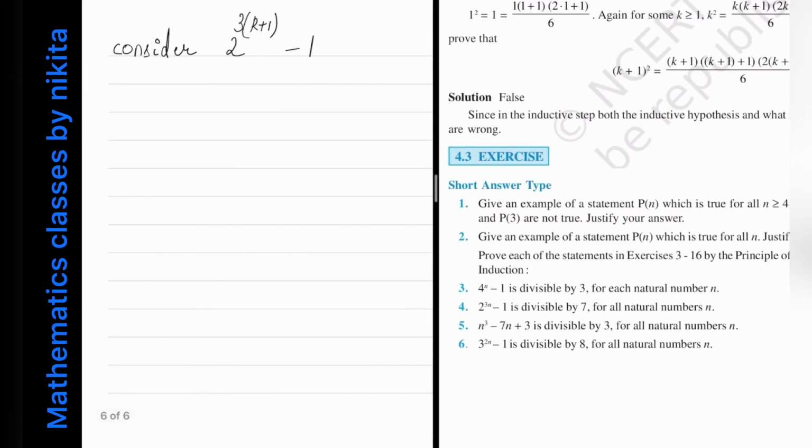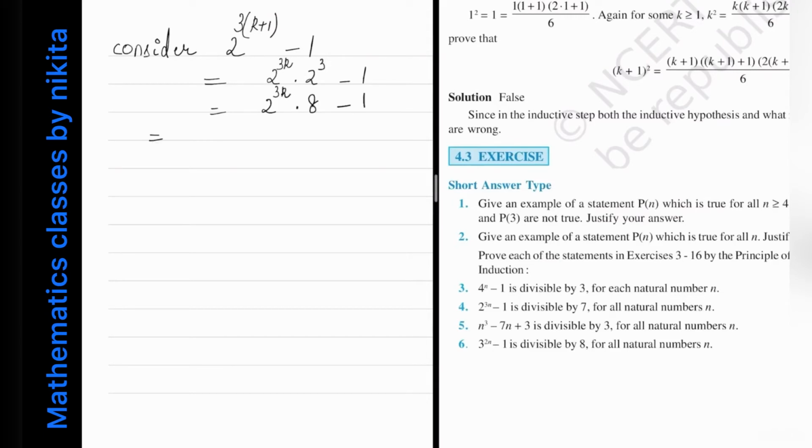Now from here this can be written as 2 to the power 3k into 2 to the power 3 minus 1, and this is equal to 2 to the power 3k into 8 minus 1.